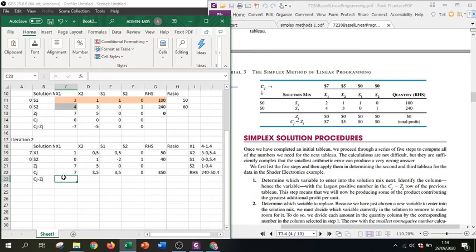So we have, this is 0, and then minus 1 a half, and this is positive, this is 0, and this is 0.